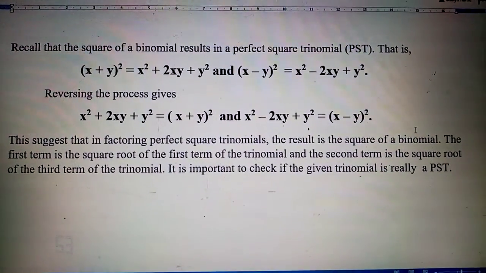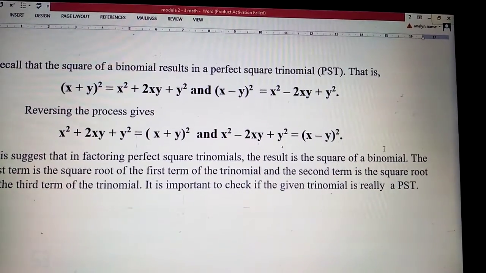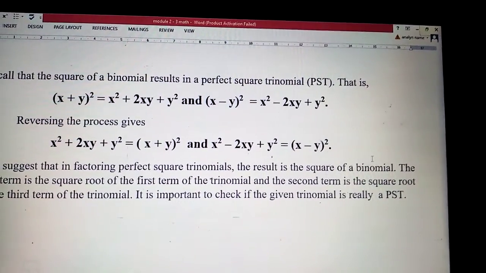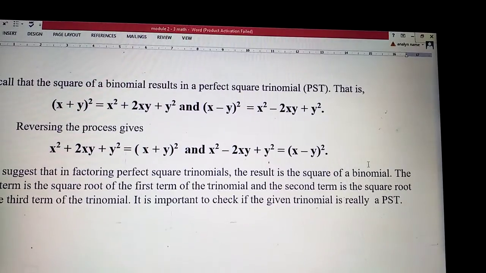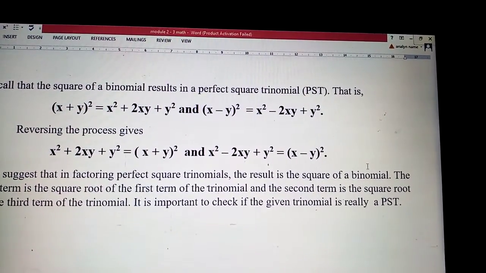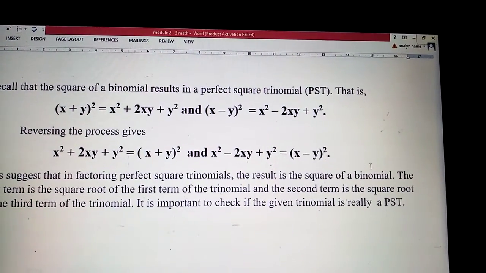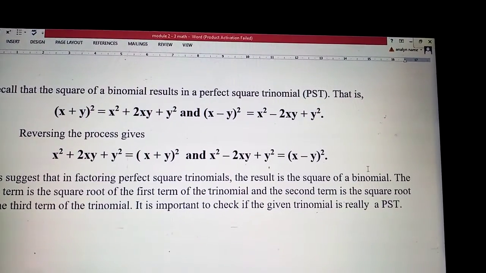In perfect square trinomials, you will recall that the square of a binomial results in a perfect square trinomial or PST. That is, (x + y)² = x² + 2xy + y², and (x − y)² = x² − 2xy + y².